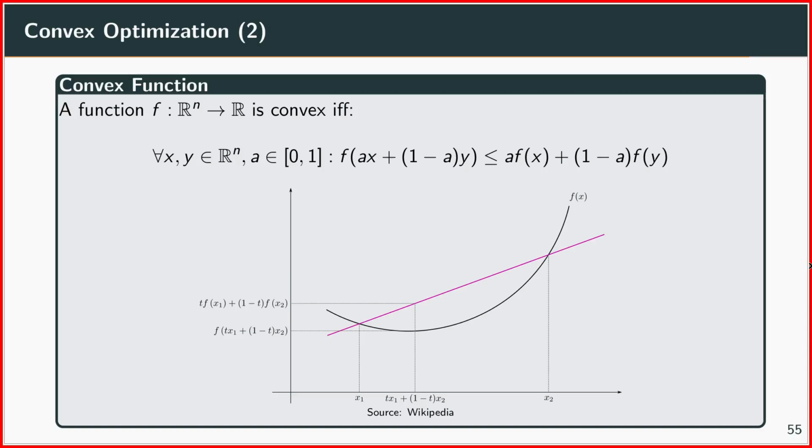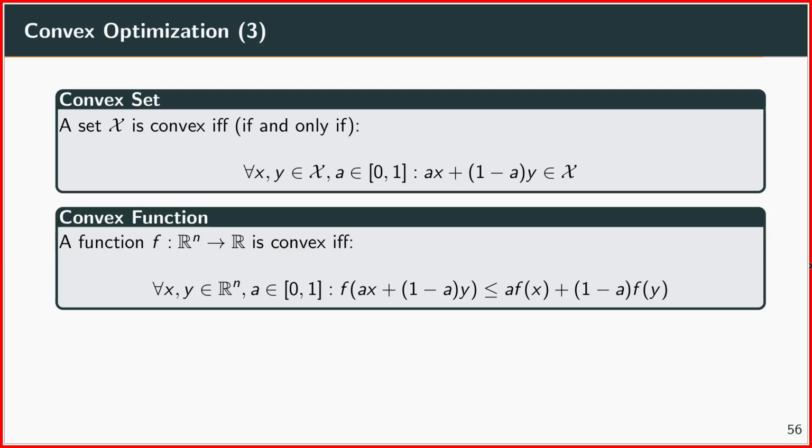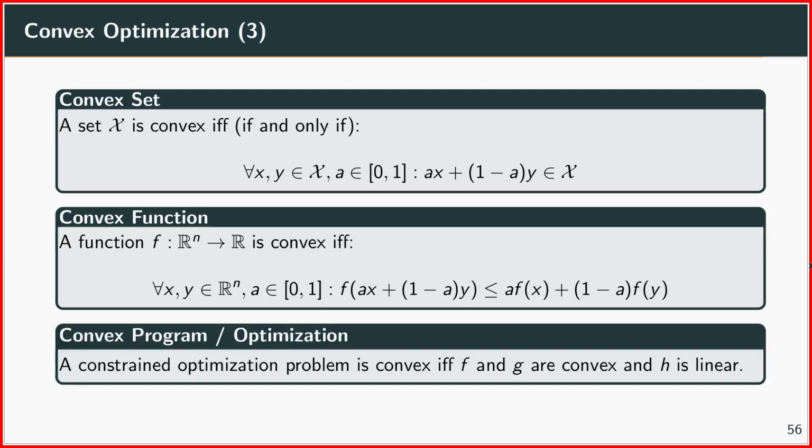And you have this linear inequality, which states that everything on the line is larger or equal to every element on f. So this is the concept of a convex function. And so just to recap, convex set, convex function, and now we want to actually put them together.